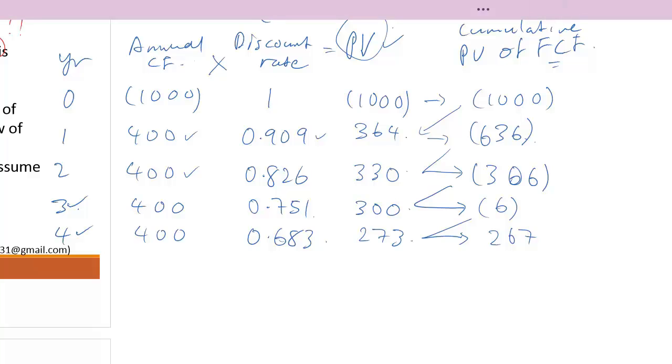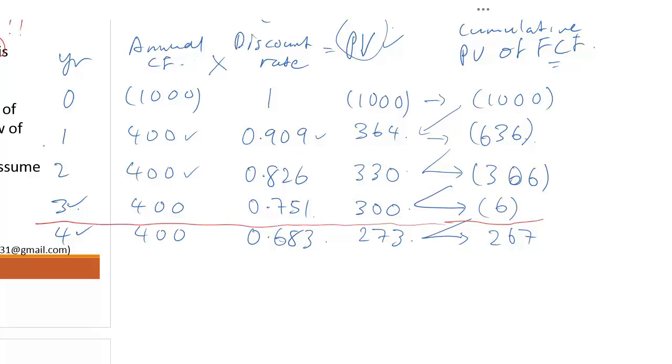Now what does this tell you? When have you achieved your payback? Now with this positive 267, it seems to tell us that the payback was achieved in between this negative 6 and 267 region, which is actually which period is that?